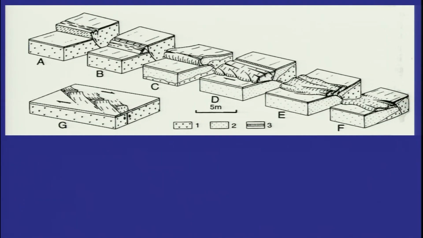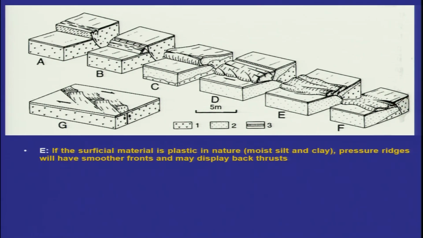Now looking at two more signatures which were encountered, given by Philip: if the surface material is finer deposits like silt and clay, then you will see the formation of pressure ridges with a smoother front, which has been shown here, and which may display back thrusts also.